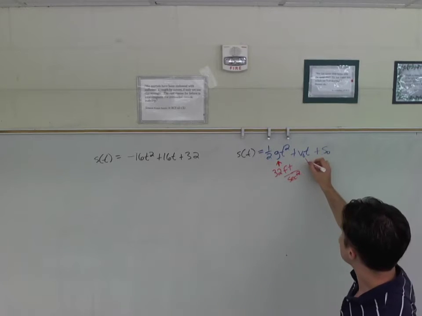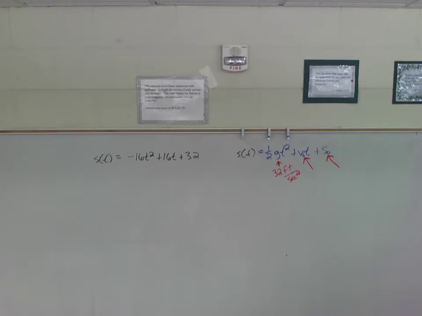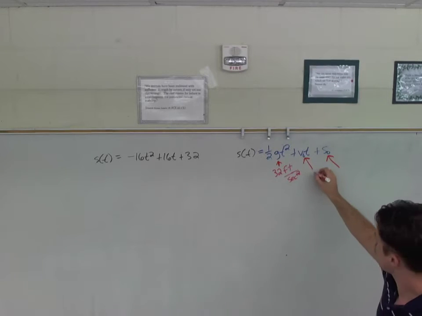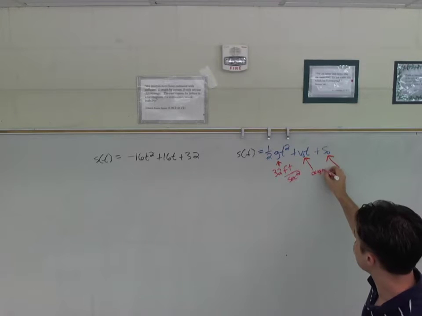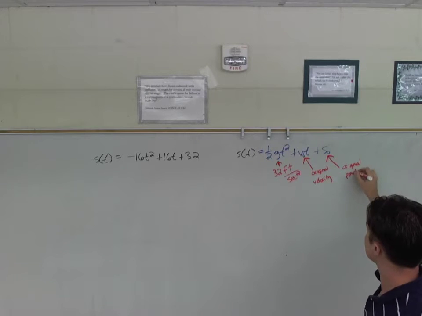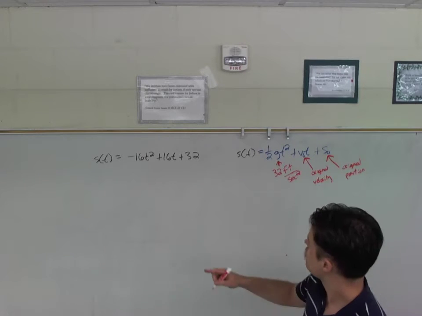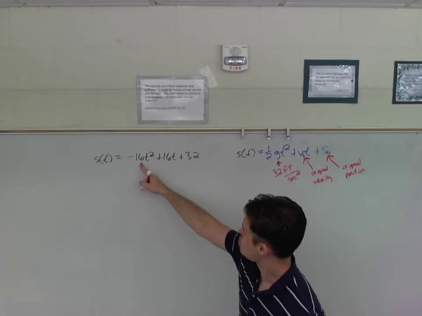What do you guys think these mean? People who've had physics should be able to help me more. Original velocity. Original or initial velocity. Original position. So anytime you have a subscript like that, it just means at the beginning, initially, originally. So that's the equation of something in free fall. We can talk about that for a while, but here's a problem. So there's G, that's just gravity.